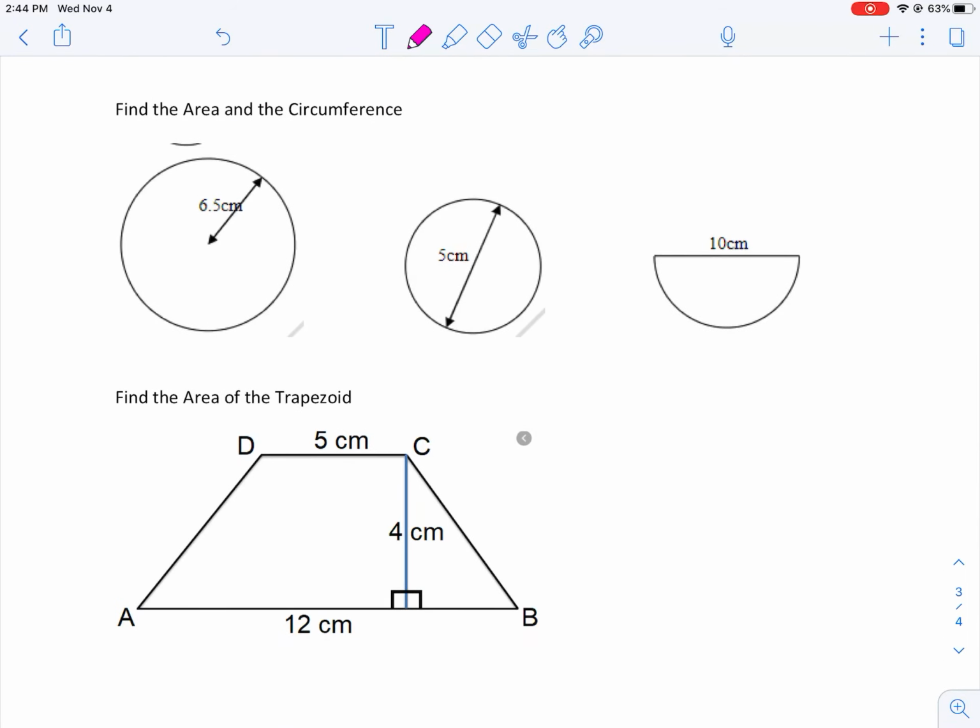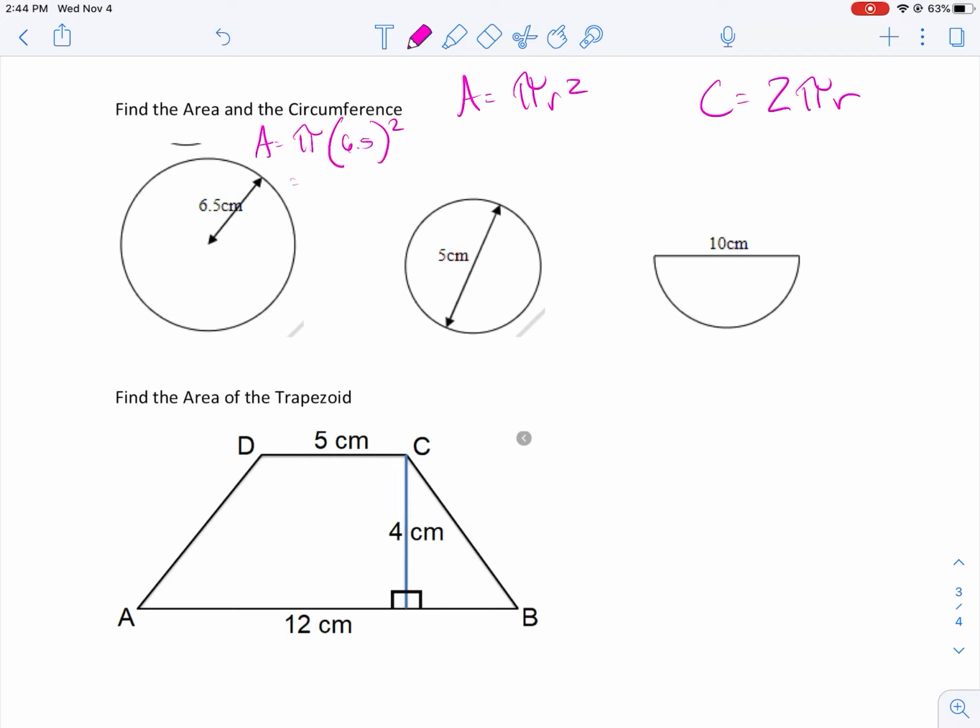Okay, find the area and circumference. Finding the area of a circle is pi r squared. The circumference is 2 pi r. So for this one, our radius is 6.5. So our area is pi times 6.5 squared.